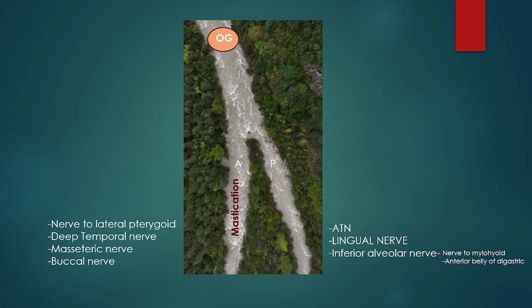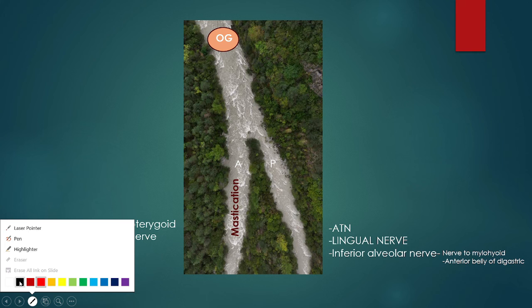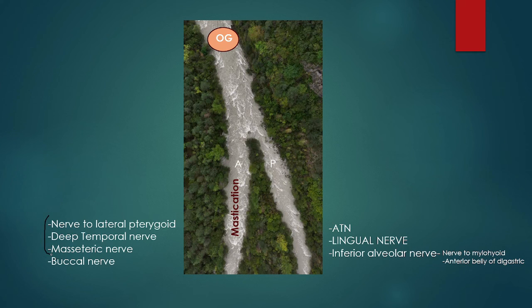The buccal nerve over here is a sensory nerve. Now what does this sensory buccal branch do? It pierces the buccinator muscle but doesn't supply it. Okay, so these three are the motor branches supplying the muscles of mastication, while this is a sensory branch which just pierces the buccinator muscle.